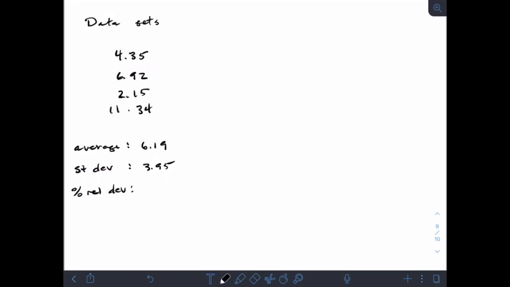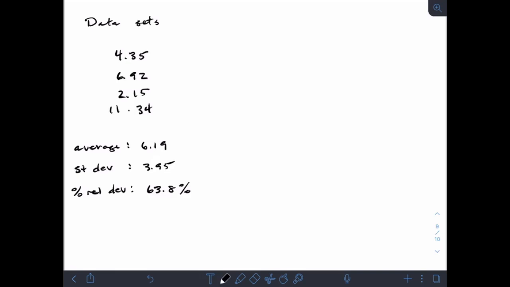And we'll talk more about how to do these things and what they mean when we get to lab. But percent relative deviation is the standard deviation divided by the average. And we do that and we get 63.8% relative deviation.